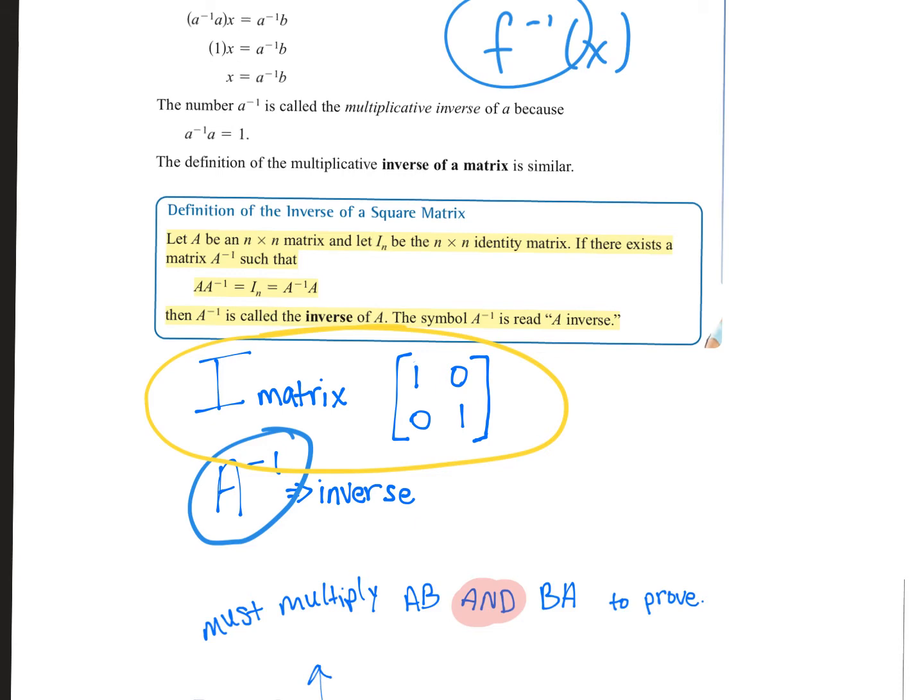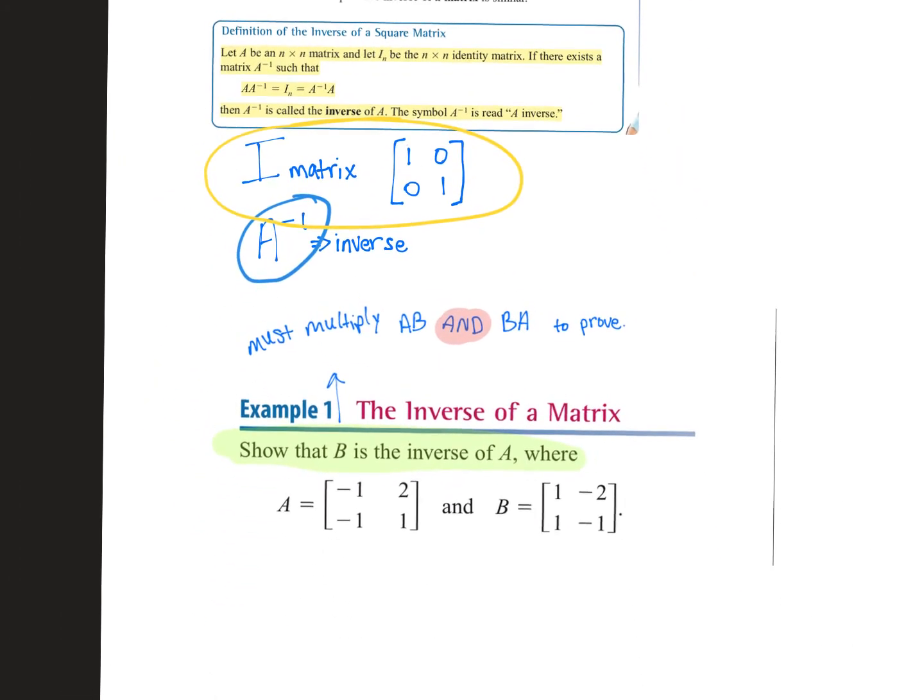Something very important, and you will see this in different stuff that you do: multiplying matrices is not the same as just multiplying numbers. When I say 3 times 2, I get 6, right? And when I say 2 times 3, I still get 6, correct? That's not the same when you multiply matrices together because of the way that we multiply.